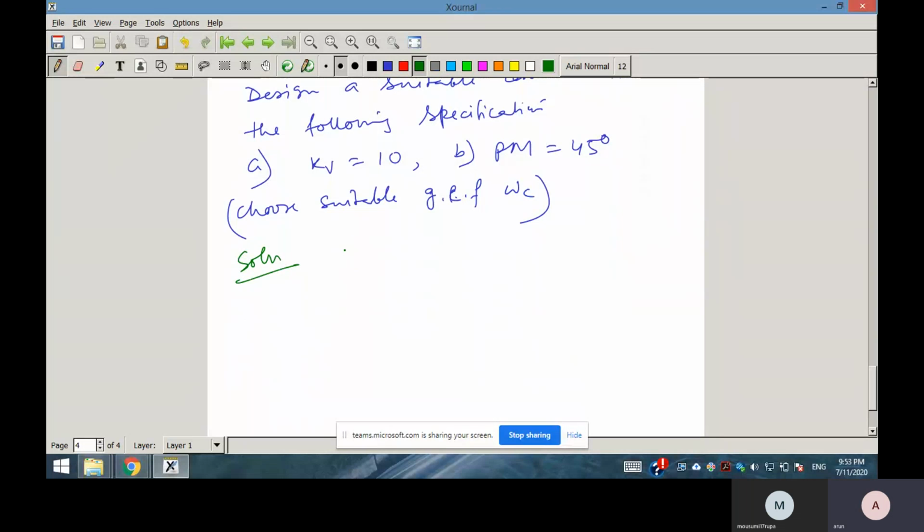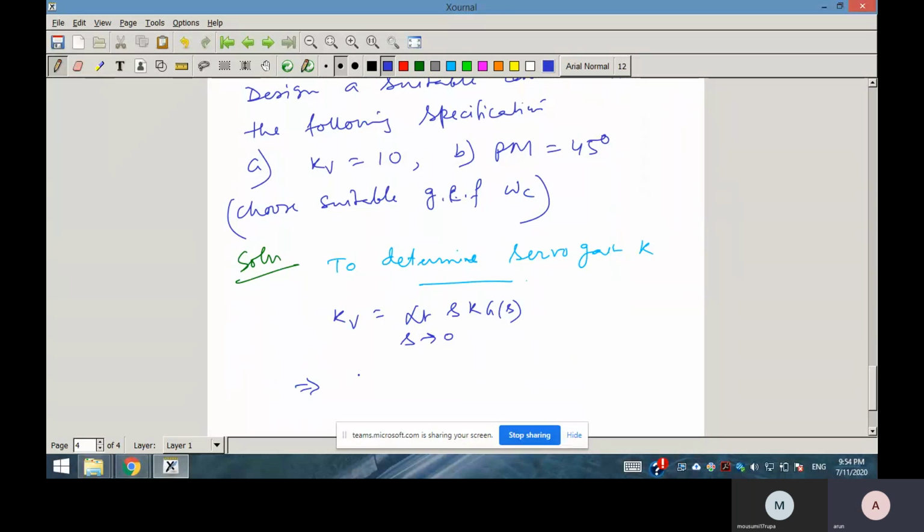So first is to determine the servo gain K. This is general, a very simple thing. What is your servo gain? It is given, what is Kv? Kv is the limit as s tends to 0 of s into K into G(s).